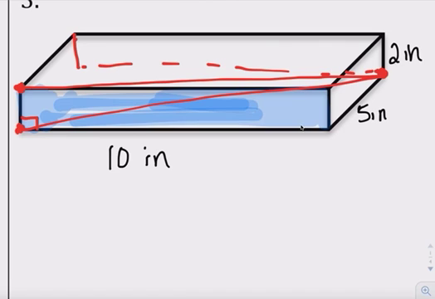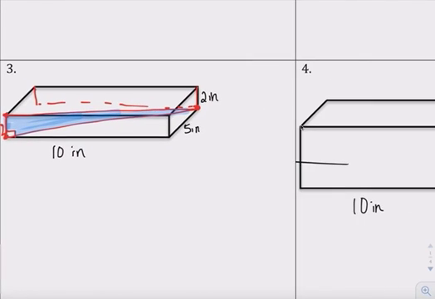I'm going to erase this one because now you see that. Now this is the triangle that we're trying to find right here. We know this length right here is the same as 2. So we got the triangle that we're trying to find. This is 2. We're missing this length and this length. So we're missing bottom and side.